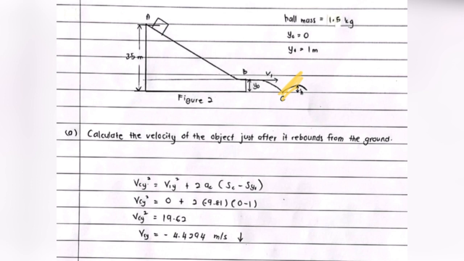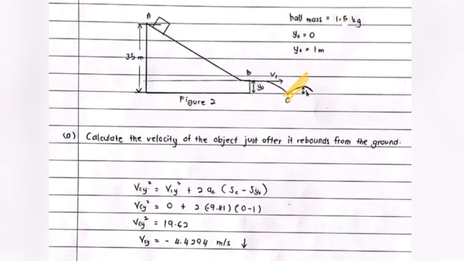We elaborate it to vCy² = v1y² + 2a(sC − sy0). Then we insert the values into the formula to get the vCy value, which is negative 4.4294 meters per second.